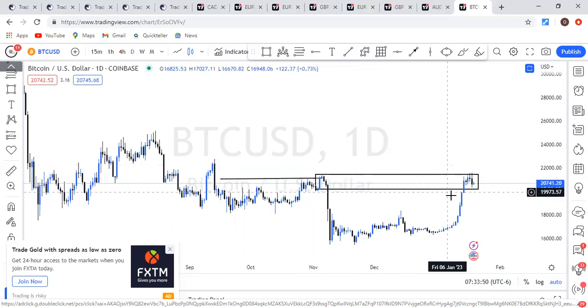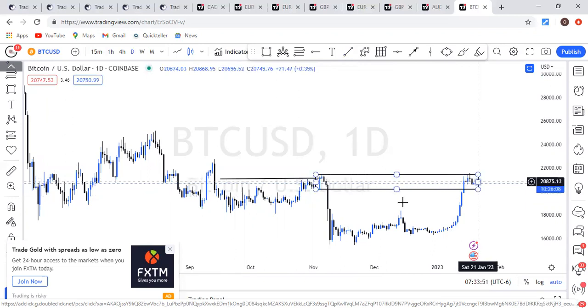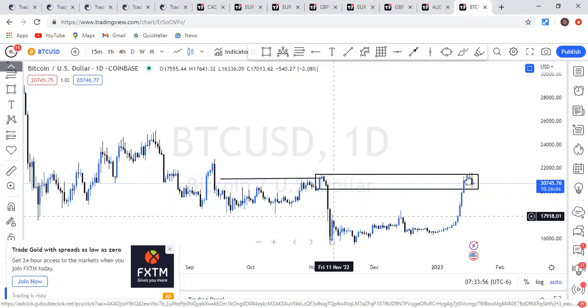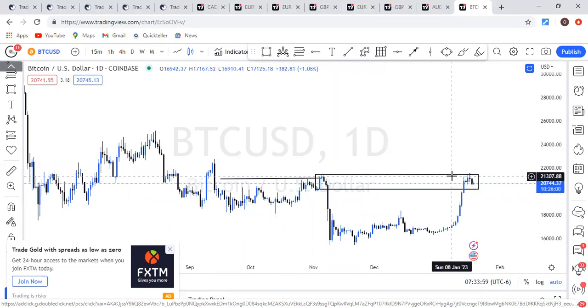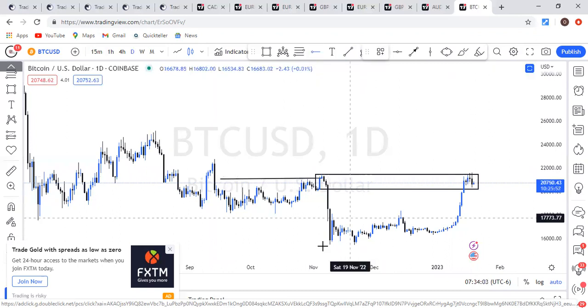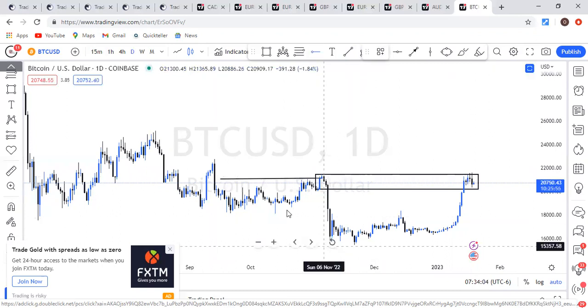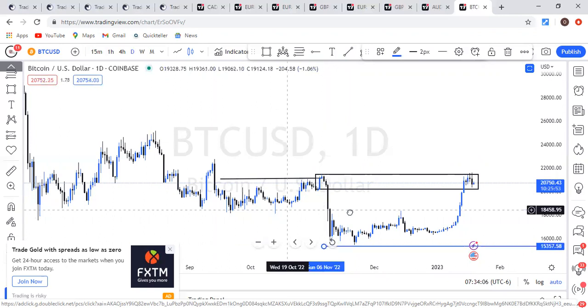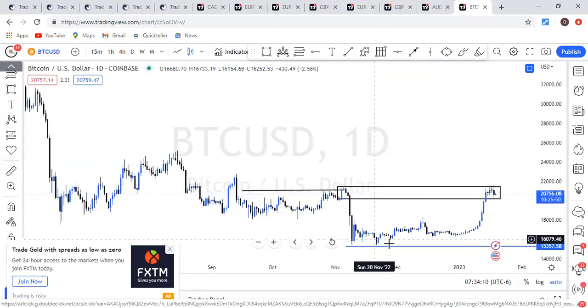So what we do to confirm whether this zone is going to hold: I have a sweep, I have an imbalance, price has returned into it to mitigate it. And after price returns, look here, equal lows. Let me shift it forward so that you see it. This is equal lows, an area of liquidity.